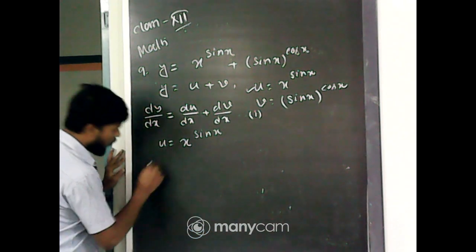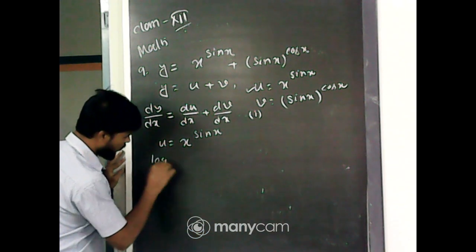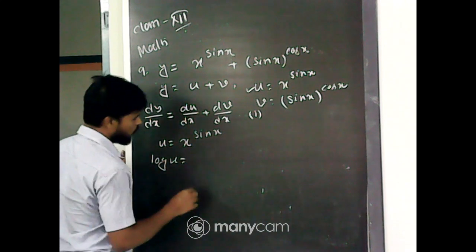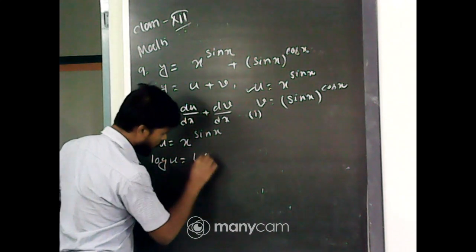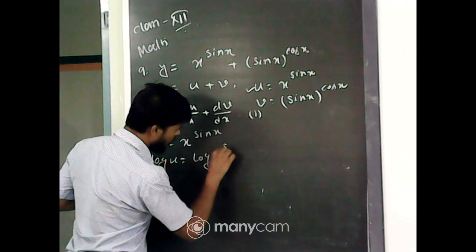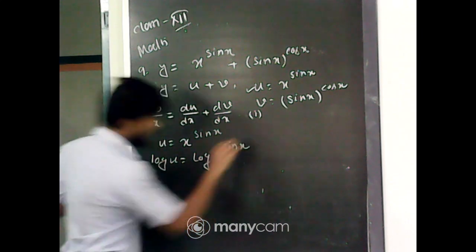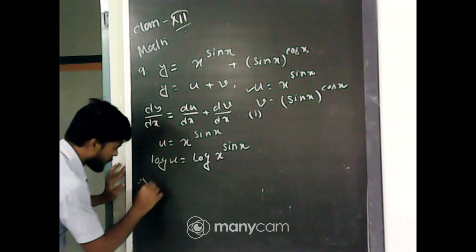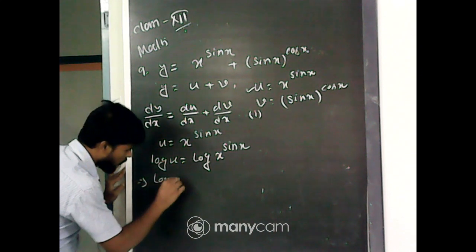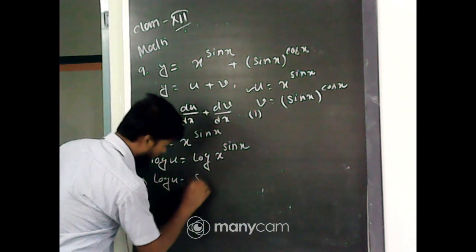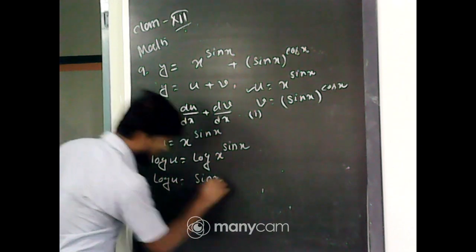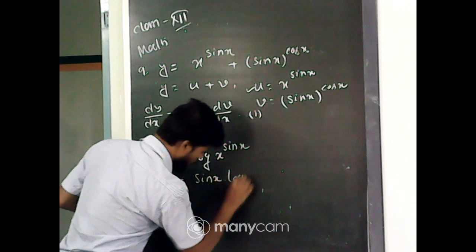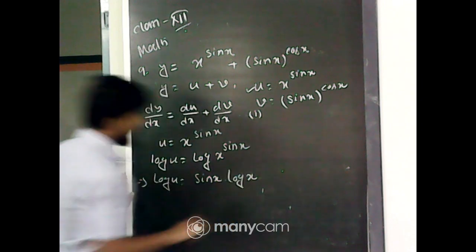Taking log both sides, we have log u is equal to log of x to the power sin x, which implies log u is equal to sin x into log x.